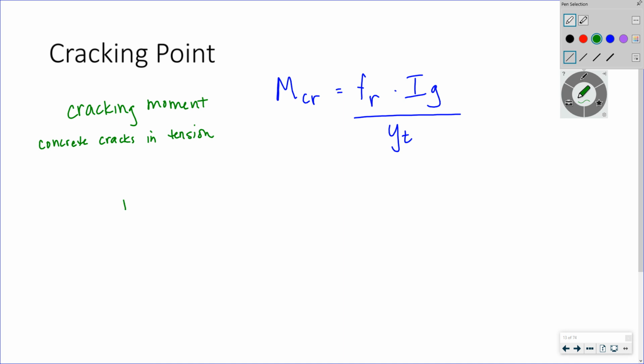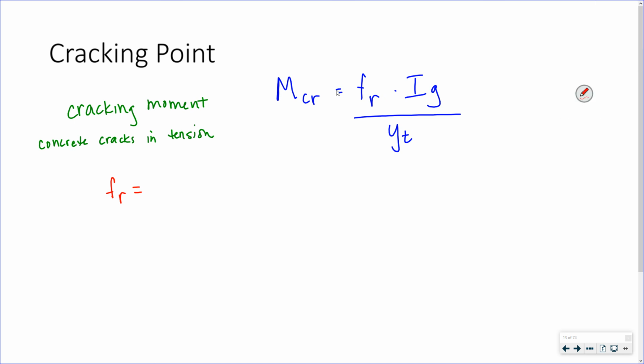My modulus of rupture, I can calculate that according to ACI. This is based off of a lot of experimental data.